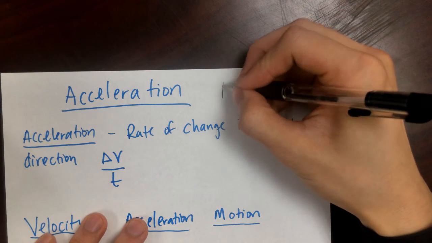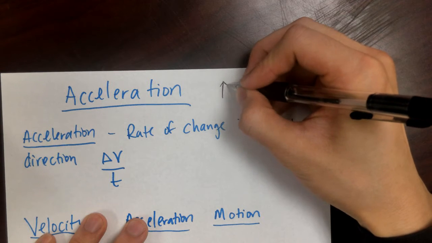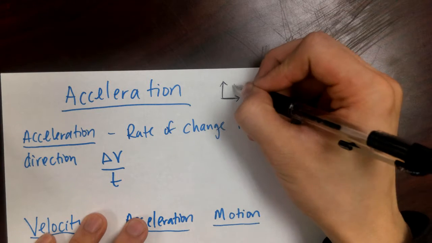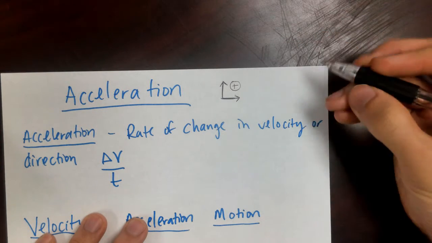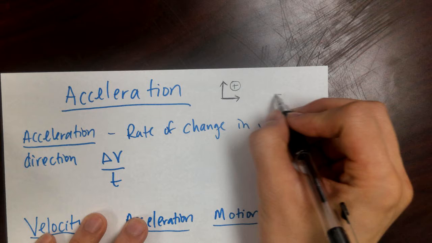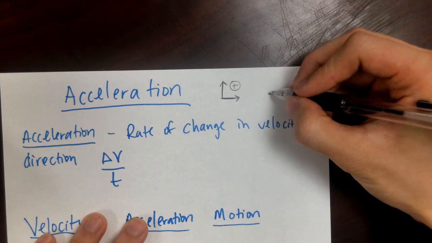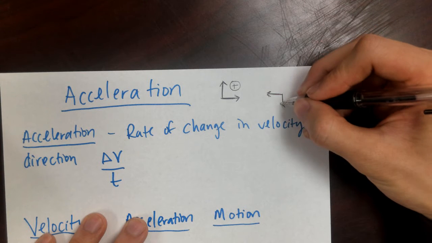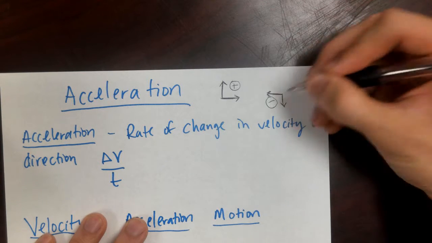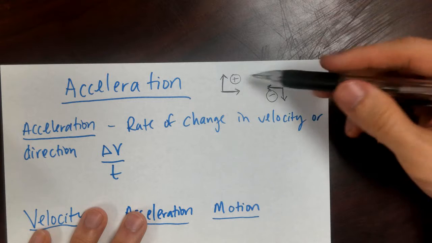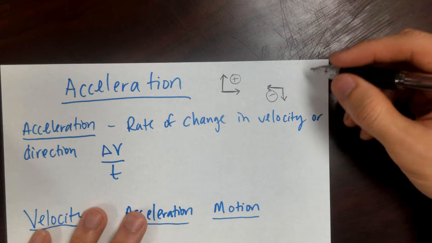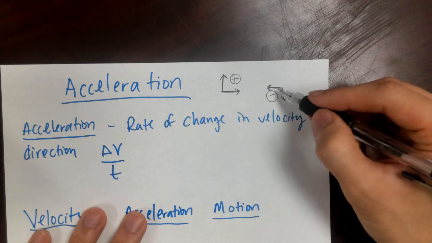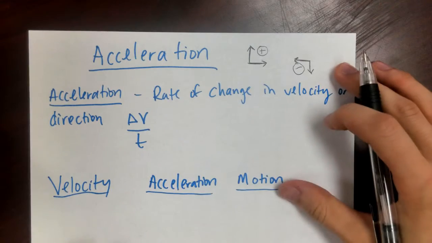In physics, going up and to the right is positive. If you go left or down, it's negative. It's just like the coordinate plane in math: up and to the right is positive, left and down is negative. Same thing in physics.